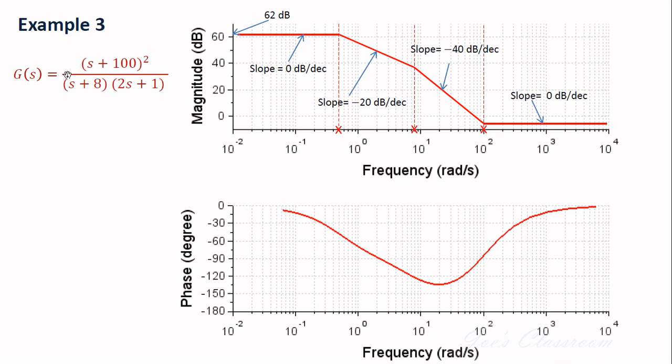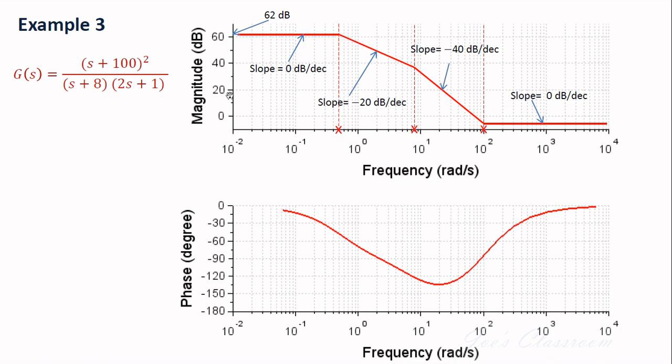You will have only a gain here when you convert this to time constant form, and that k value can be converted to decibels, and you will get approximately 62 decibels there. So up to the first corner frequency, it is going to be a horizontal straight line at this 20 log k magnitude.